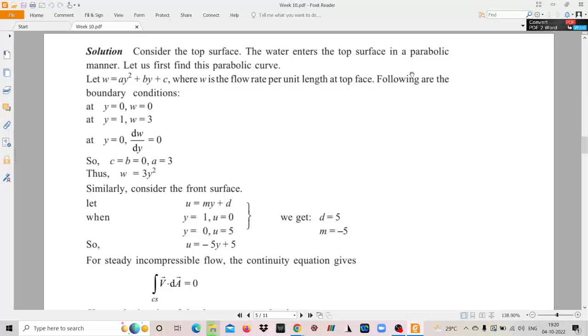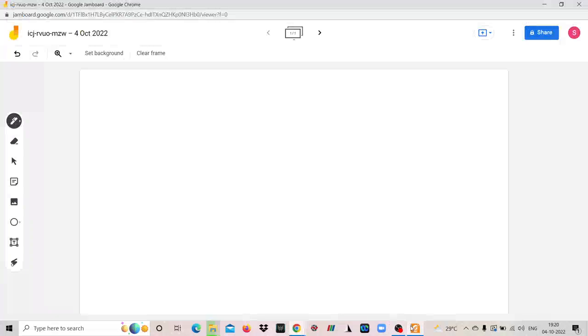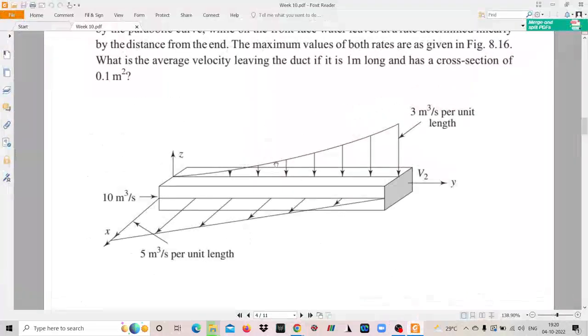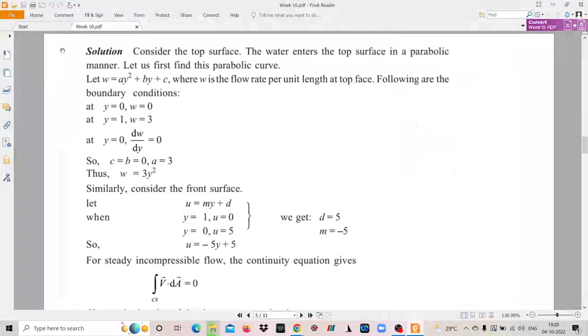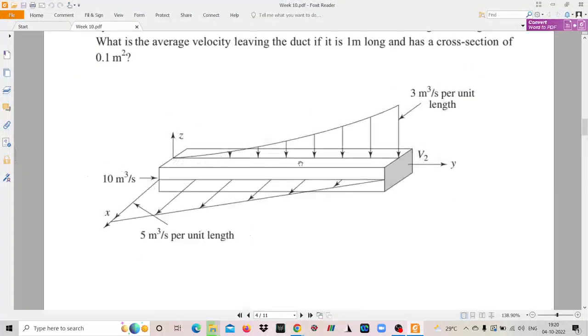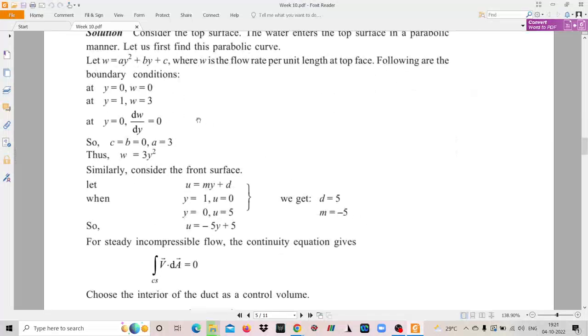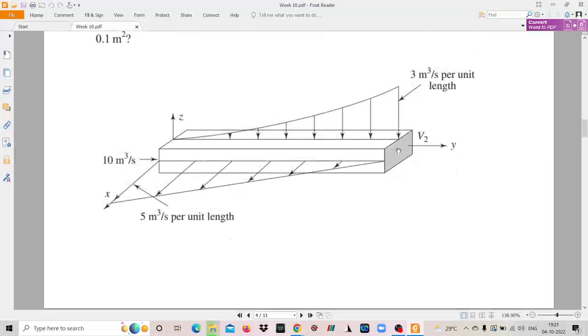Now what are the boundary conditions? At y equal to 0, w equal to 0. The total length is 1 meter, so at y equal to 1, w equal to 3.